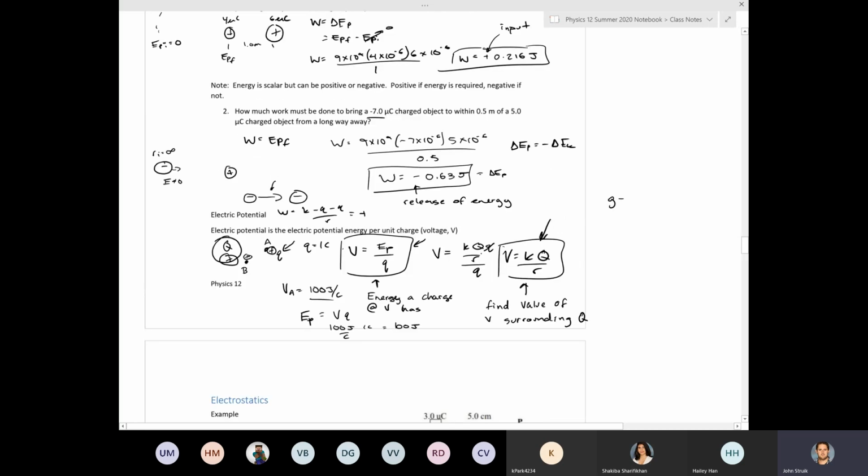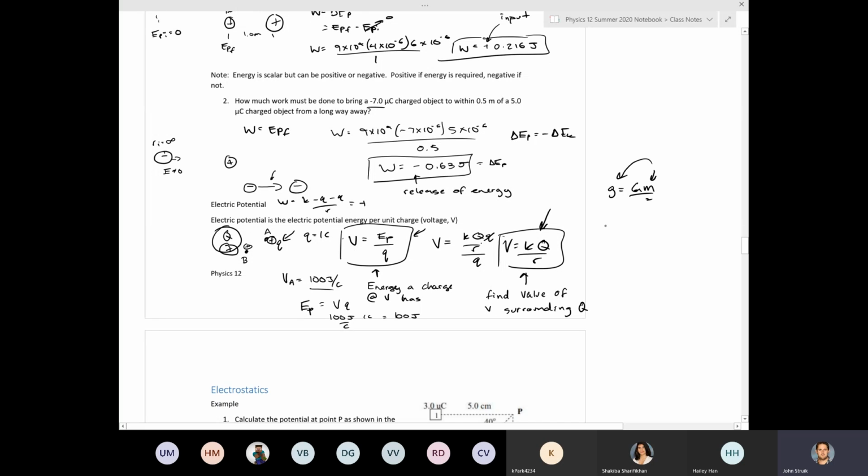It's kind of like when we had g equals GM over R squared, this was the mass that was creating the gravitational field. And then when we had EP equals G M1 M2 over R, and then we had FG equals FC.